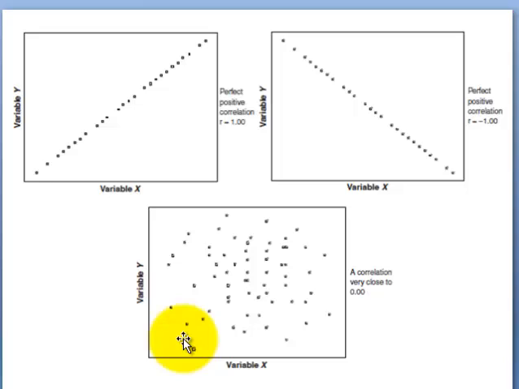But you can see the absence of predictability as we go from left to right on variable x. Is there an appreciable change in the distribution of scores on y? You can see clearly not. Where x is low, y is spread out, and where x is in the middle, y is similarly spread out, and similarly the shape or position of the dots where x is high is very similar to that where x is medium or low.